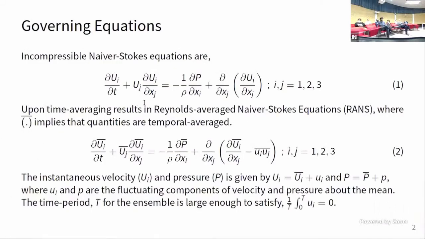So the governing equation for turbulent flows is no doubt the Navier-Stokes equation. But in order for me to solve this equation, the time and spatial scales are very small, and for me to resolve them, it requires me to build increasingly fine grids, and it has been a computational challenge.